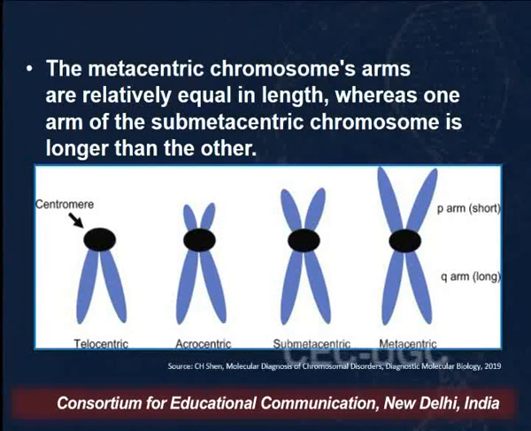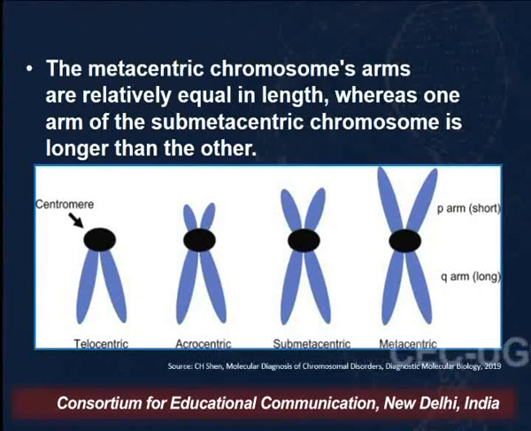Then there are the acrocentric chromosomes, in which one arm is much shorter and the other is larger, while the telocentric chromosomes lack one arm and have only one arm present. So the centromere is at the telomeric end, the end position of that particular chromosome.